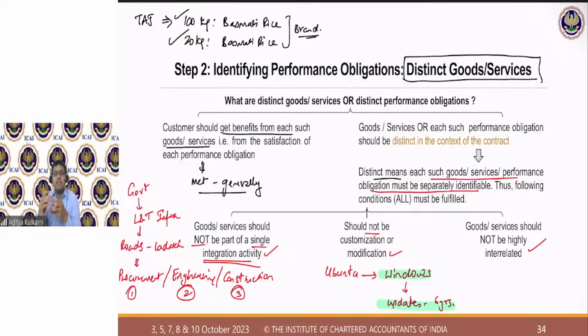Yes, you get a security patch. That security patch enhances the security of your software. You get an update that changes the interface for you. So these updates are different from the Windows software in the sense that they are either improving it, maintaining it, or enhancing the security of that software. iOS 15 users get iOS 16.